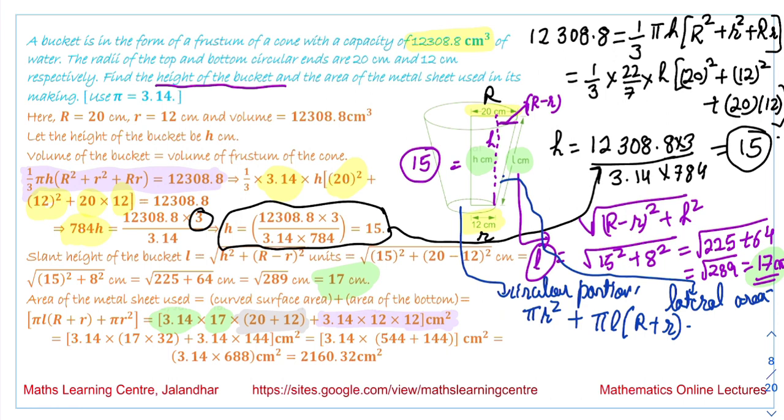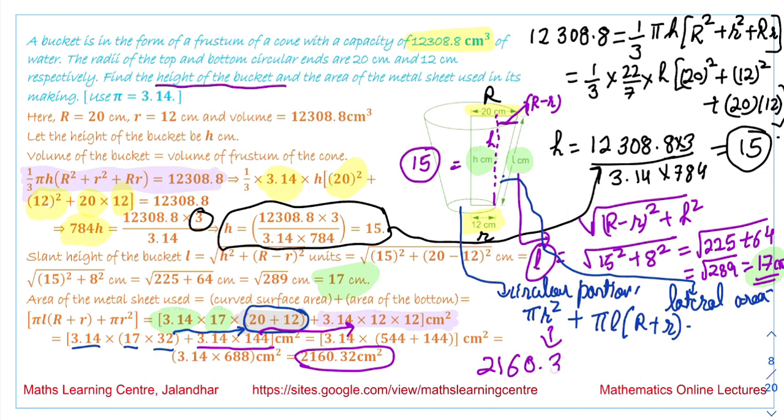When we solve these values, 20 plus 12, the answer we get is 32. So it is 3.14 into 17 into 32 plus 3.14 into 144, and on solving this the final answer we get is 2160.32 centimeter square.